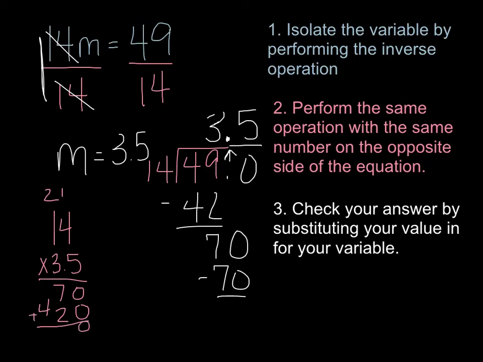So we have 0 here, a 9 here, and a 4 here. You move your decimal point over one place, and we have 49.0. So our answer is correct. The value for m is 3 5/10 because 14 times 3 5/10 equals 49.